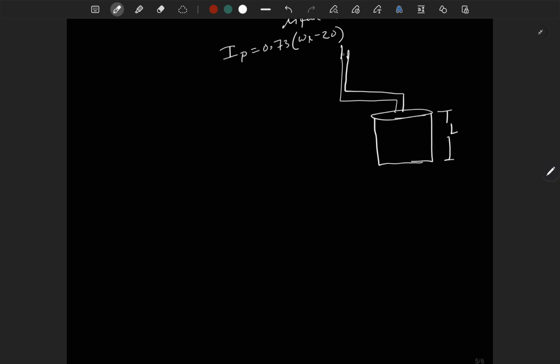Initially the head is up to this level, so we consider it as H1, and finally it becomes this level, then it is considered as H2. This is your head reference. Then your hydraulic gradient i is equal to the hydraulic head difference H1 minus H2 divided by your length. That's it.